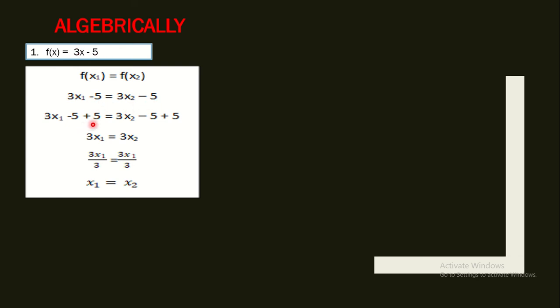And then, nag-add tayo ng plus 5 to eliminate the negative 5 para matira na lang yung 3x sub 1. Dito naman, 3x sub 2. Then, mag-divide tayo ng 3 para matira si x sub 1 equals to x sub 2. So, this one is an example of a one-to-one function kasi nag-end up ka na the same, si x sub 1 is equal to x sub 2.